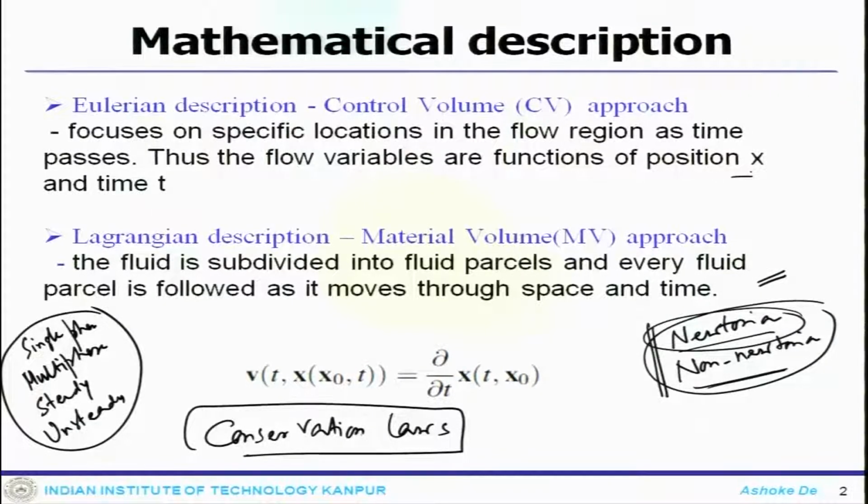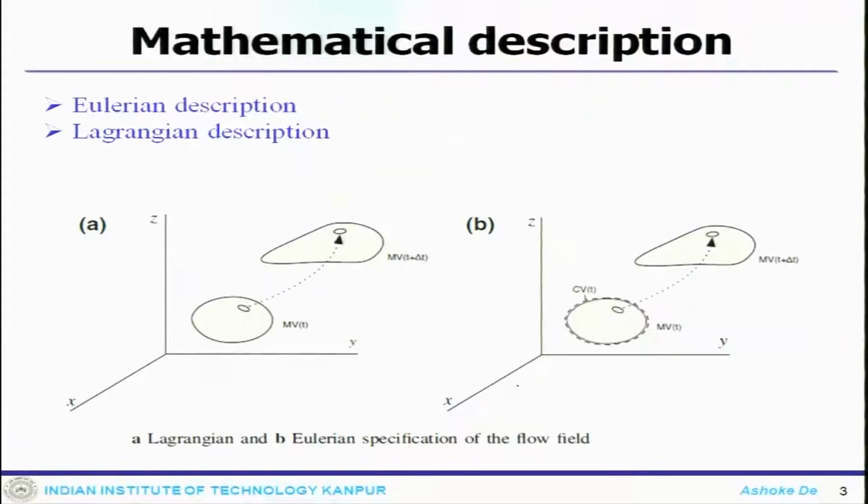Now, a particular flow variable, like the velocity, which is a function of time and x, can be differentiated with respect to space. This is how they can be correlated. In the Lagrangian description, the control system is subdivided into small particles, and these particles are tracked with time.